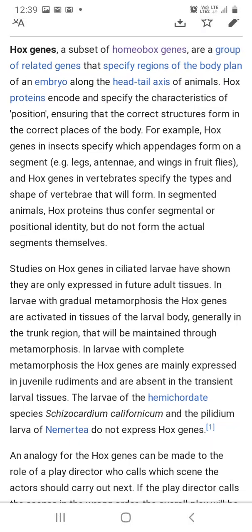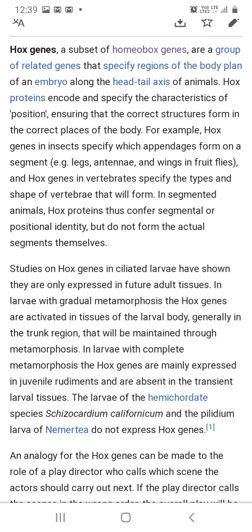HOX genes, we know, are a subset of homeobox genes, and they are a group of related genes that specify regions of the body plan of an embryo along the head-tail axis of the animal.